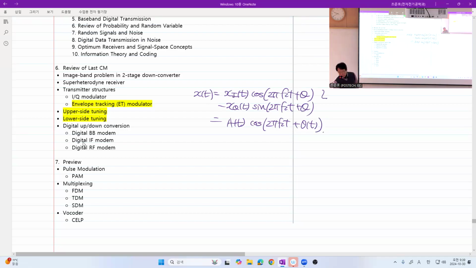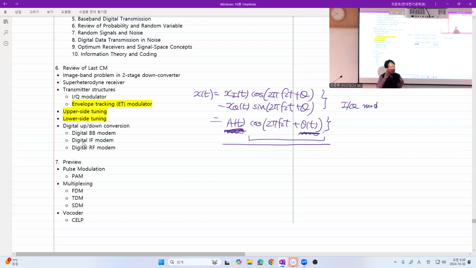So if this formula motivated the IQ modulator, what about this one? That is the idea. We generate an amplitude signal, sometimes called a magnitude signal, and we generate a phase angle deviation. Using this one, we generate that part, and using an amplifier that has variable gain, proportional to this amplitude, we may construct a real valued bandpass signal.